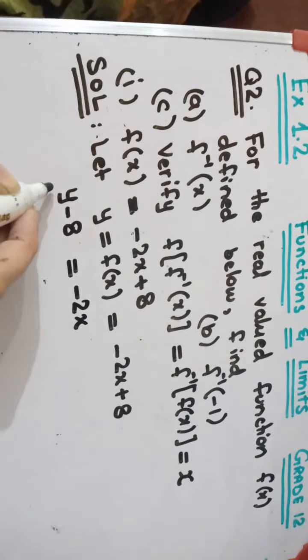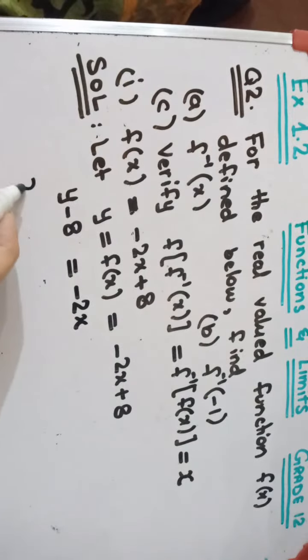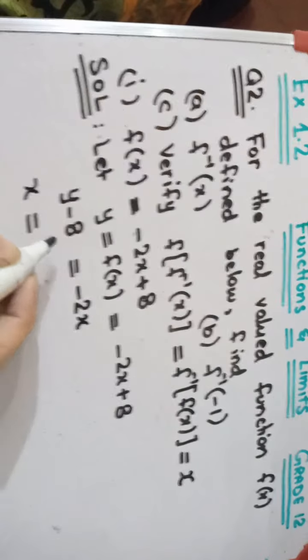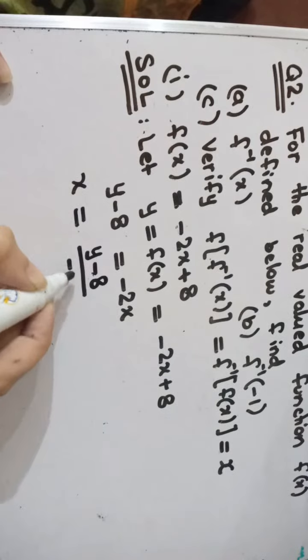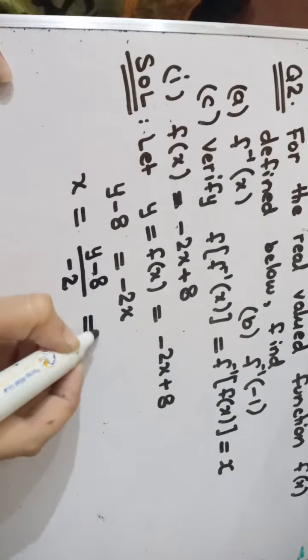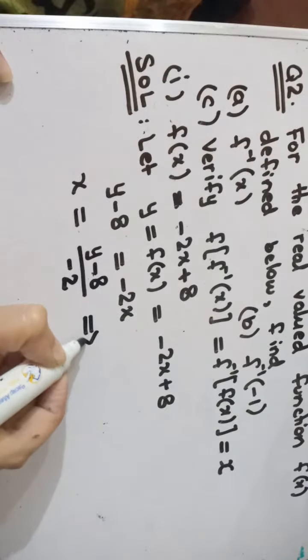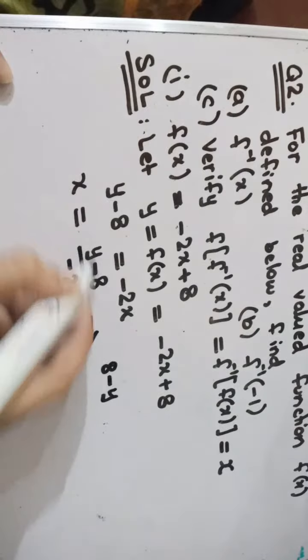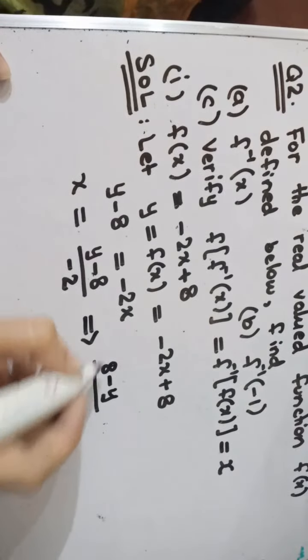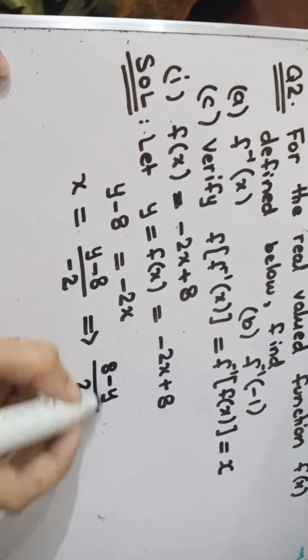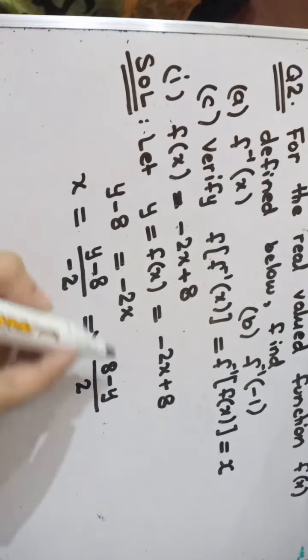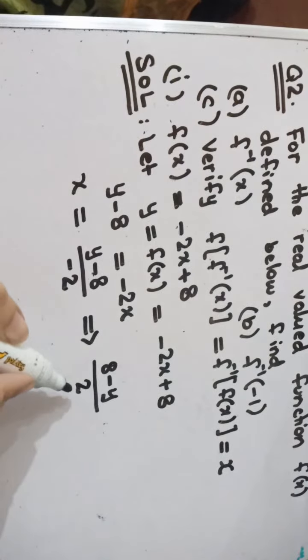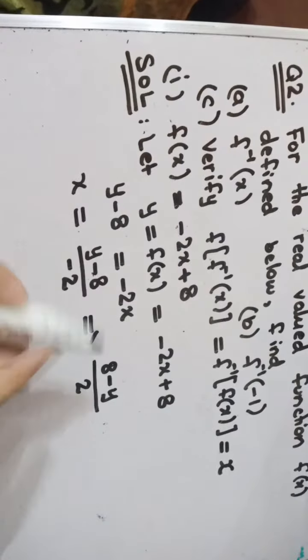Here minus 2 will come to the denominator, then it will become x is equals to y minus 8 divided by minus 2, then it becomes 8 minus y, because minus will come to the upside in the numerator, then 8 minus y divided by 2, as x is equals to 8 minus y divided by 2.